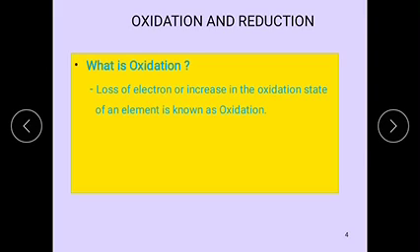Or one more concept: the process of increase in oxidation number of an element in a molecule or ion is called oxidation.